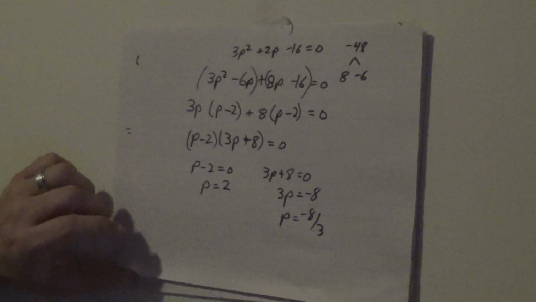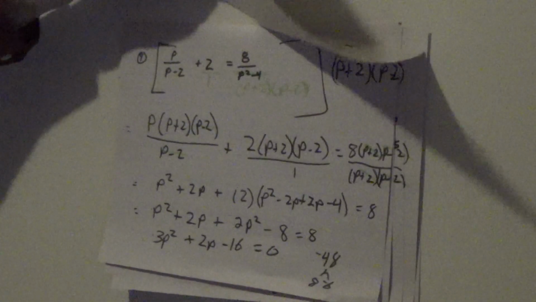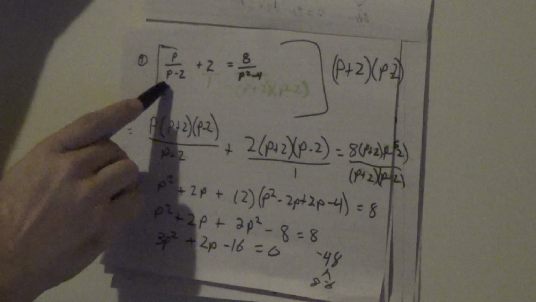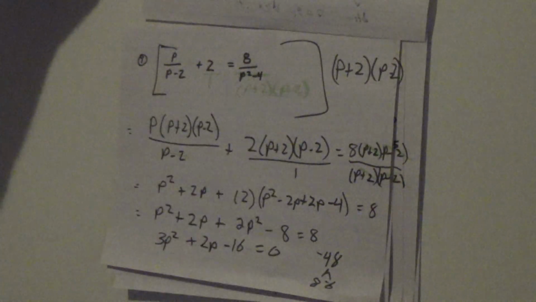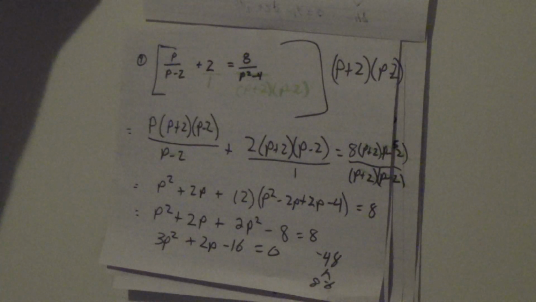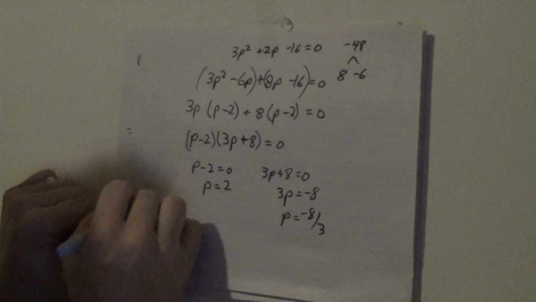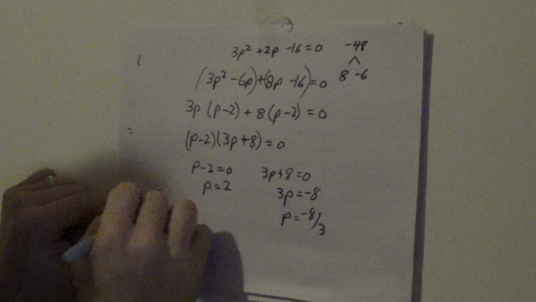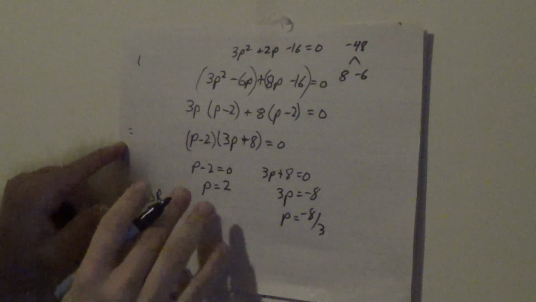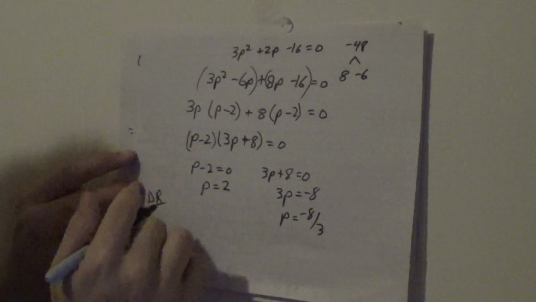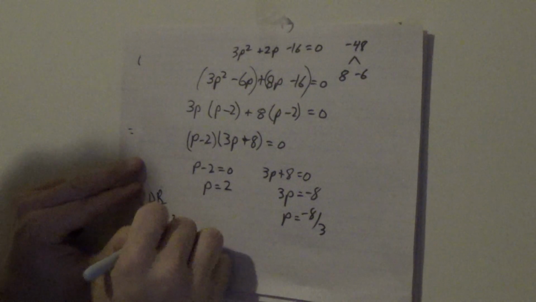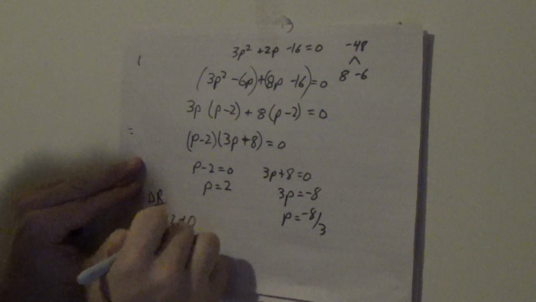Now, the original one, if you recall, had p minus 2 and p squared minus 4 as the denominators. So the restricted domain would be, is it p minus 2 or plus 2? p minus 2, right? p minus 2 cannot equal 0.